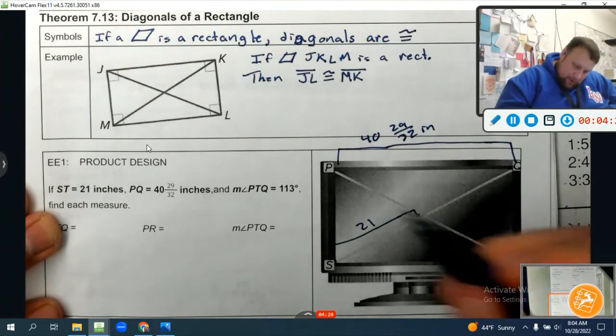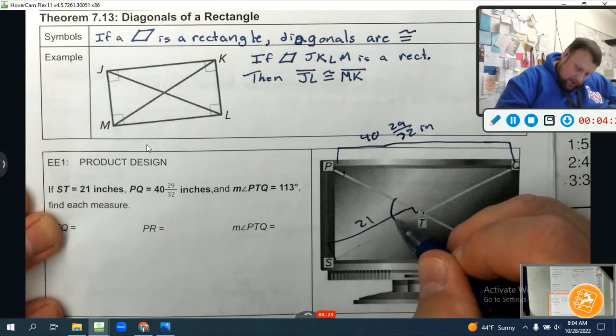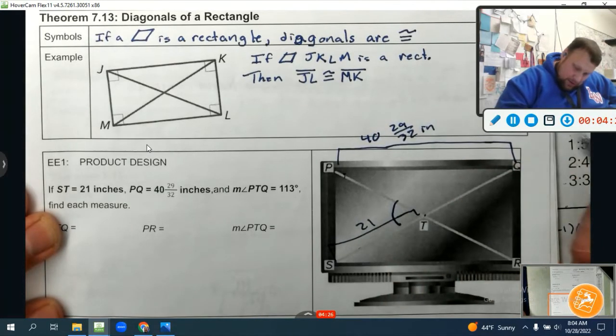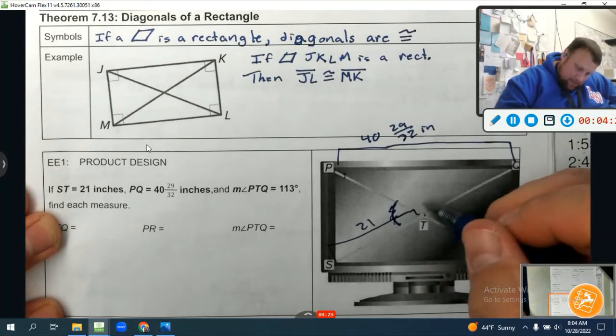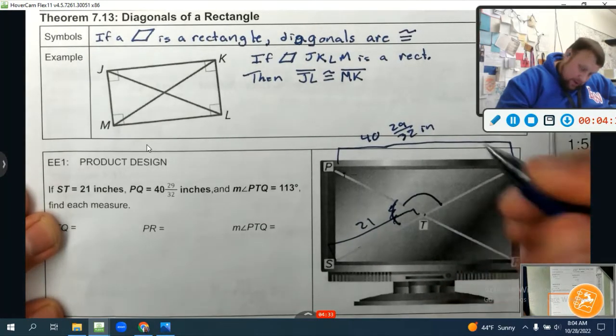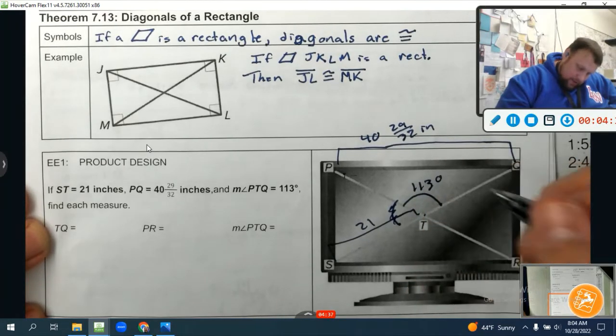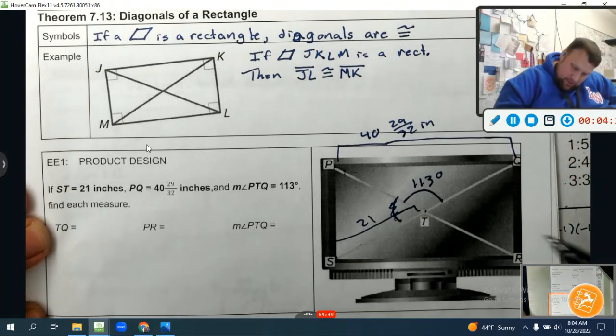And the measure of angle PTQ is 113 degrees. So this angle right here, not that angle, PTQ, is 113 degrees. Find each measure. TQ. We want to know TQ?